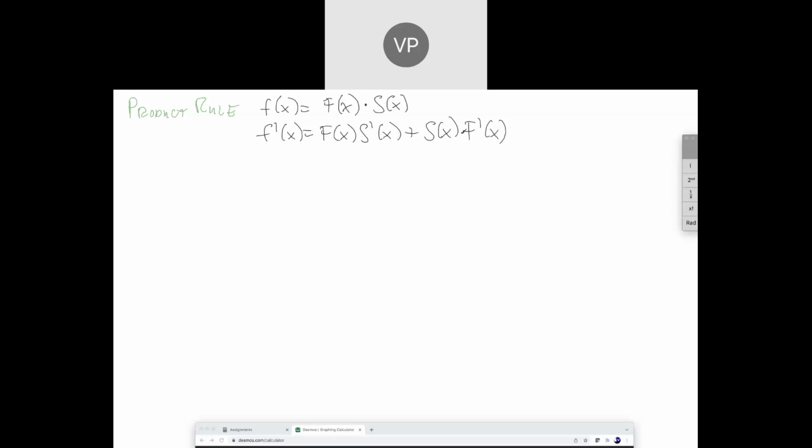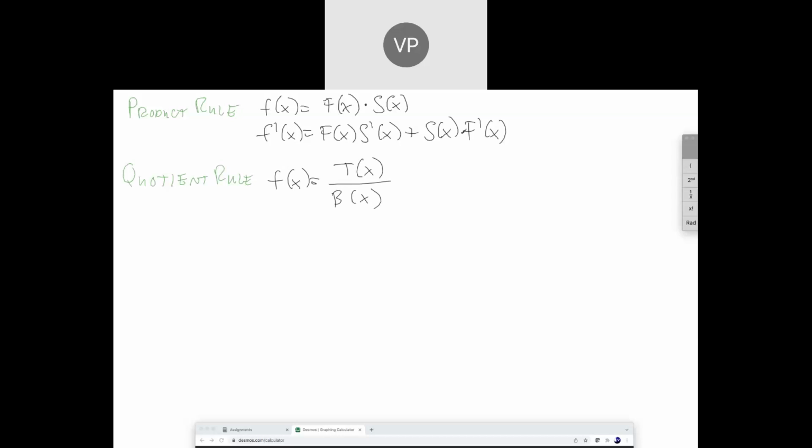Now, the next one is called the Quotient Rule. Okay, so just like before, how you had a product of two functions, we're going to get a division of two functions, which they call top and bottom. Okay?